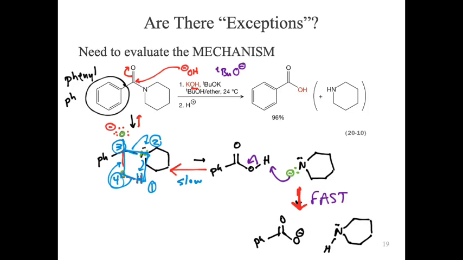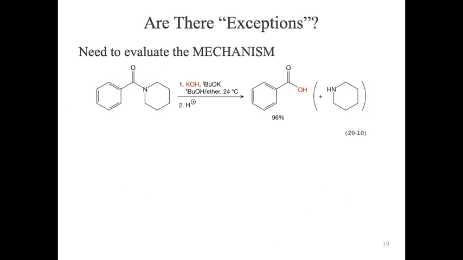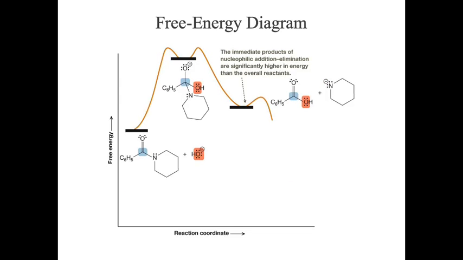We can see this in an energy diagram that Cardi puts together for us. We've got the initial nucleophilic addition followed by the nucleophilic elimination. Notice again, the carboxylic acid is higher in energy than the amine. Because of that difference in energy, we would expect that reaction to not work.